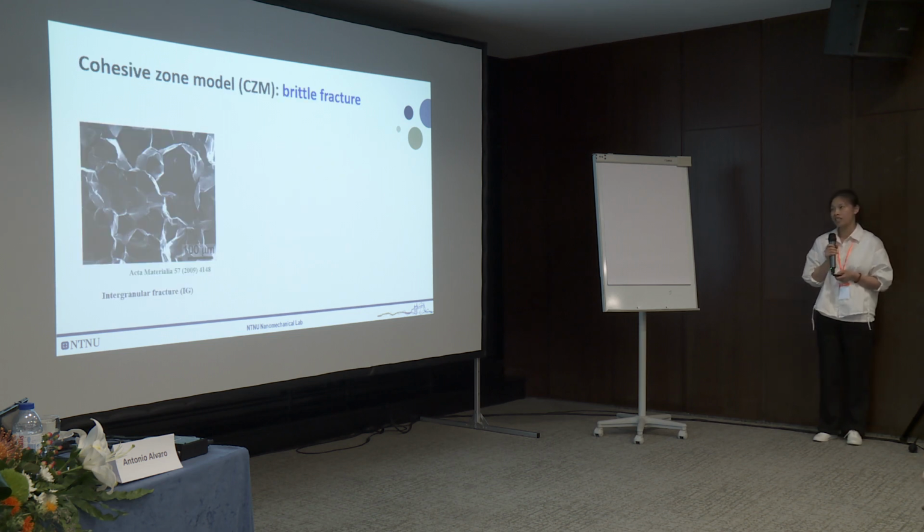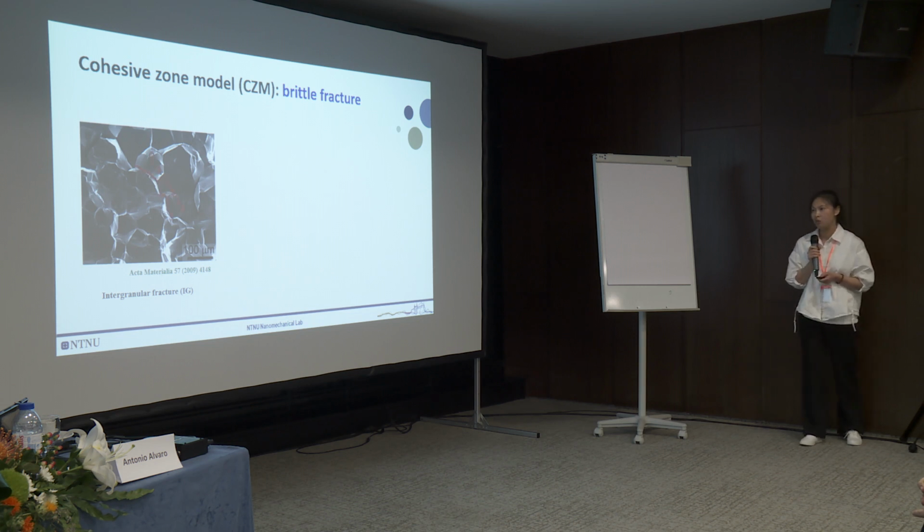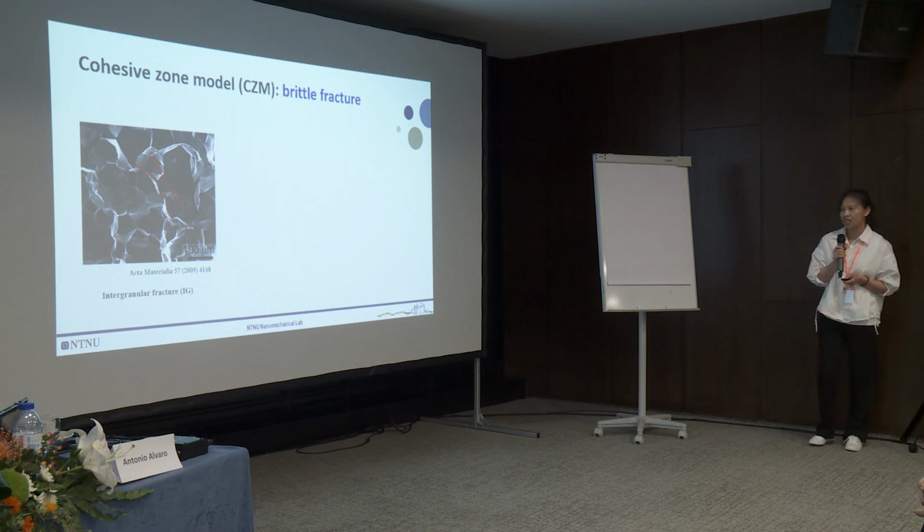The cohesive zone model is designed to simulate brittle fracture, such as intergranular fracture. To begin the simulation, a cracking path needs to be predefined, so it's sort of a post-failure analysis. Along this cracking path, cohesive elements are set.